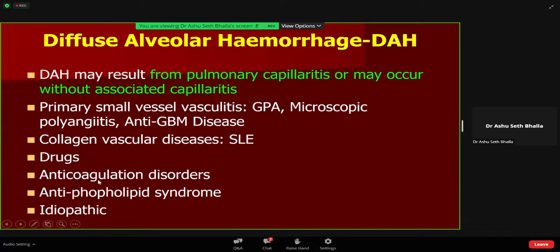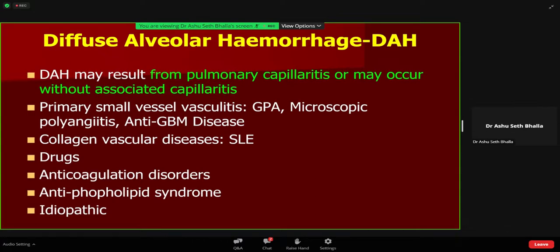Without capillaritis means it can happen due to anticoagulation syndromes. It can be a part of antiphospholipid syndrome. And when we have ARDS or any rapid exudation into the lung, there can be a component of hemorrhage also.